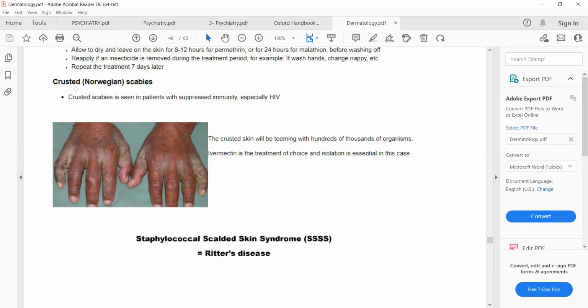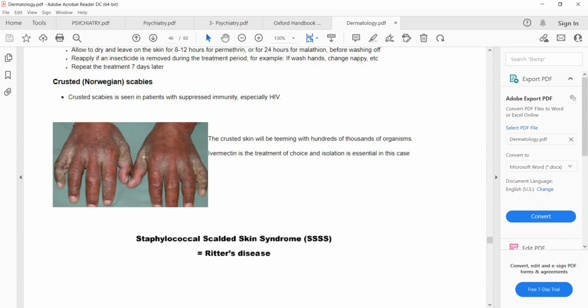Norwegian scabies, the name is given to this scabies. It was common in, I think, Nigeria. That's why the name given to this scabies on the basis of this area is Norwegian scabies. Otherwise, its medical name is crusted scabies.